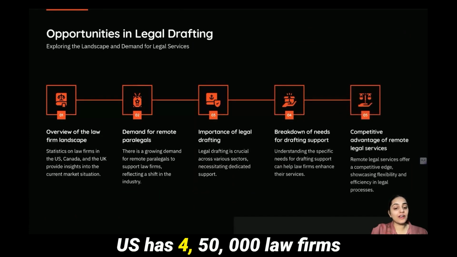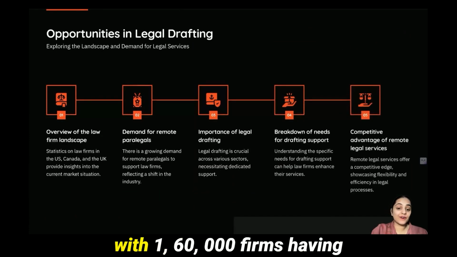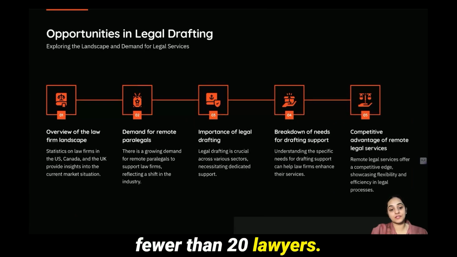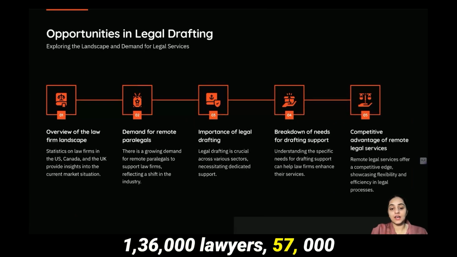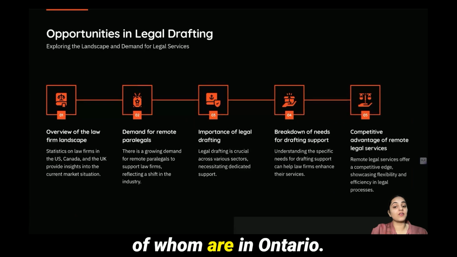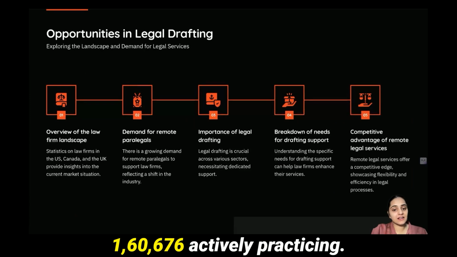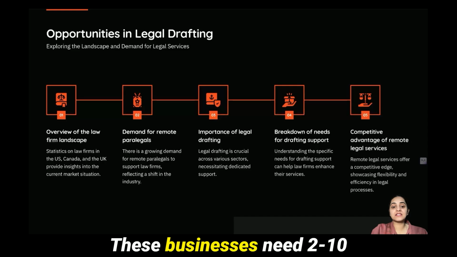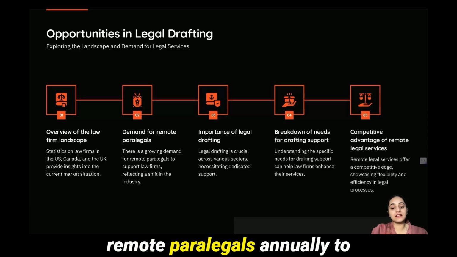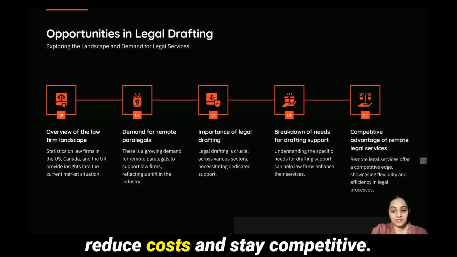US has 4,50,000 law firms with 1,60,000 firms having fewer than 20 lawyers. In Canada, there are 1,36,000 lawyers, 57,000 of whom are in Ontario. UK 2.2 lakh solicitors with 1,60,676 actively practicing. These businesses need 2 to 10 remote paralegals annually to reduce costs and stay competitive.